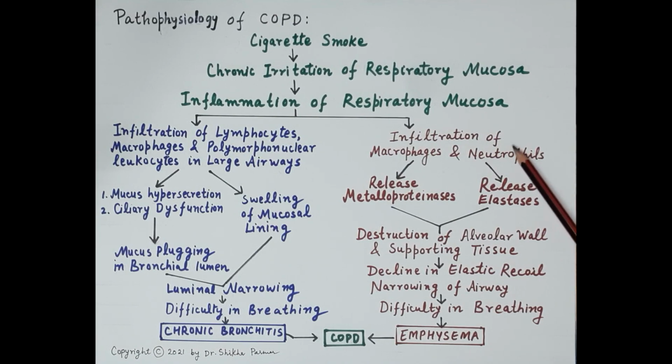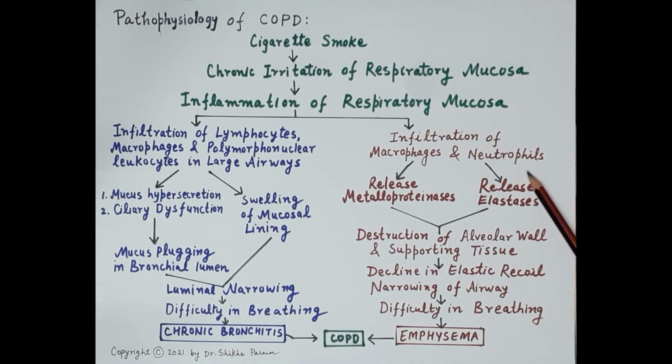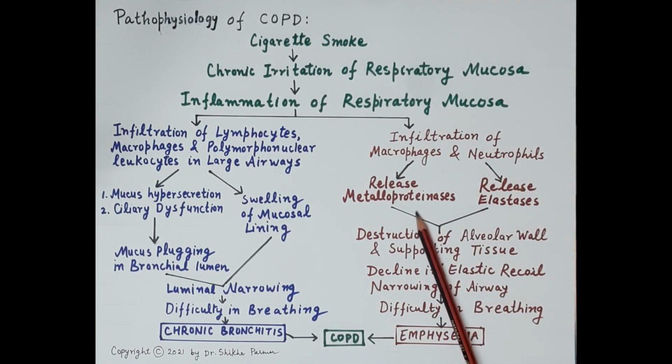Because of the inflammation, there is infiltration of macrophages and neutrophils in respiratory mucosa and submucosa. Macrophages release an enzyme called metalloproteinases. This enzyme breaks the connective tissue that supports alveolar ducts and respiratory bronchioles.